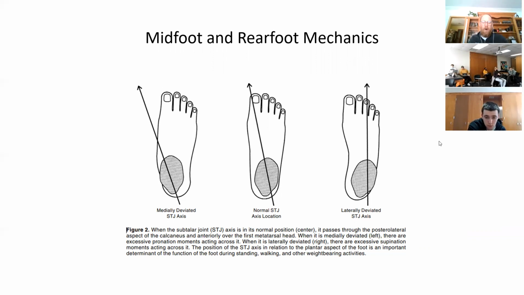Okay, cool. So what if though, if I'm in rear foot varus, for example, okay, how could that affect my midfoot? What would you guys maybe expect to see in my midfoot? What do you think? Would my arch be normal or potentially abnormal in some way?